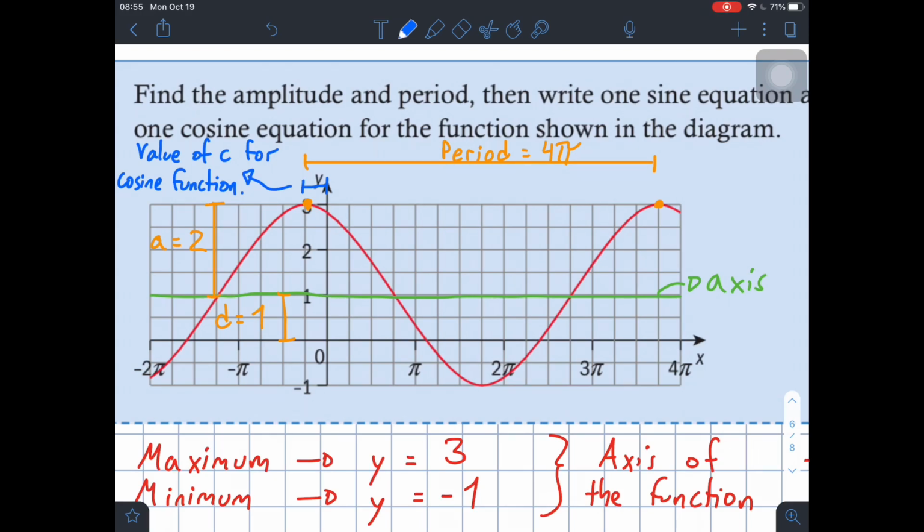Okay, so let me mark this here. This distance from here to here is the value of C for the sine function.